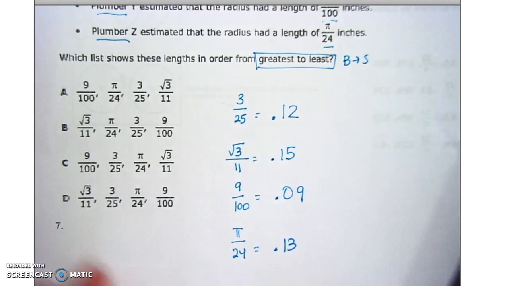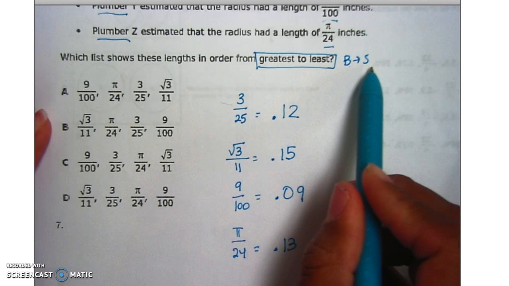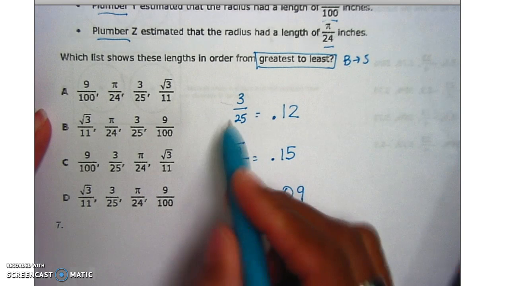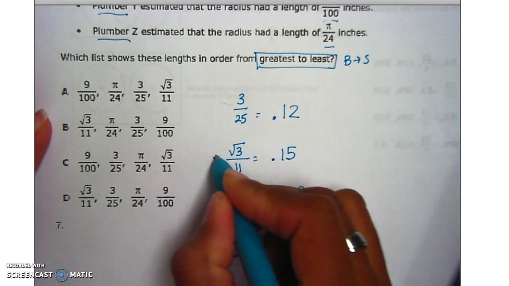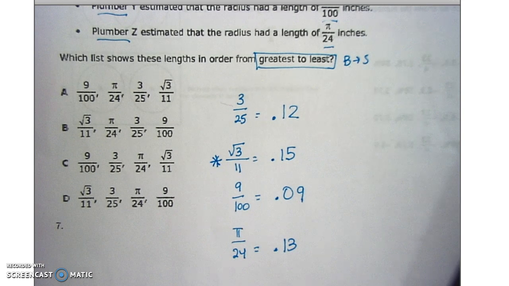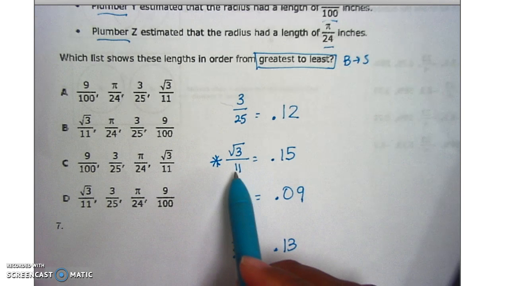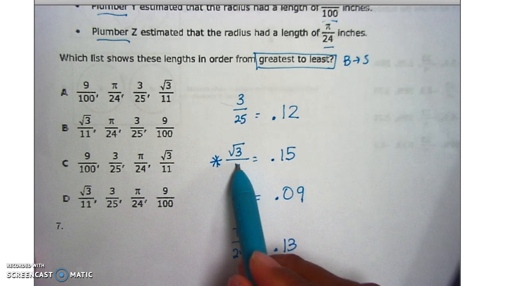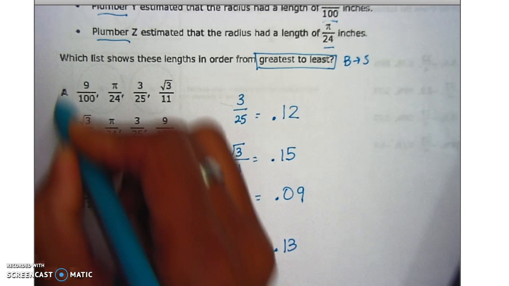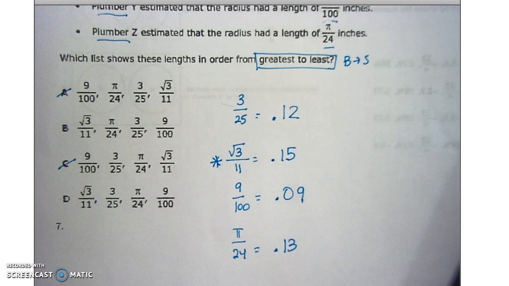So going back to my question, I'm going big to small. So my biggest number is 15. If we pretend like the decimal point is not there, 15 is the biggest number. So knowing that square root of 3 over 11 has to be first, I can automatically eliminate A and C. The next number is 0.13, which would be pi over 24.